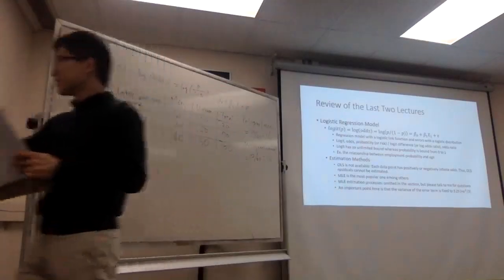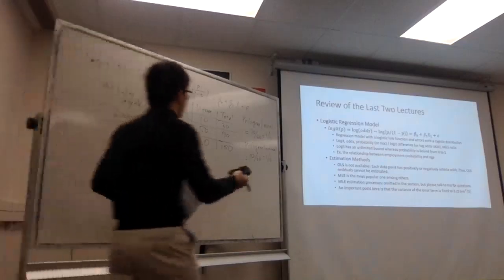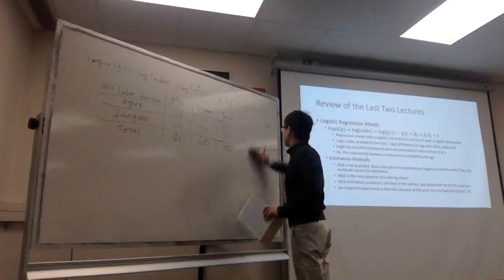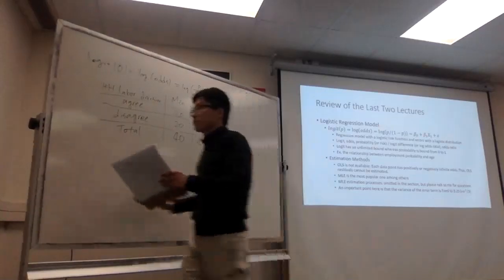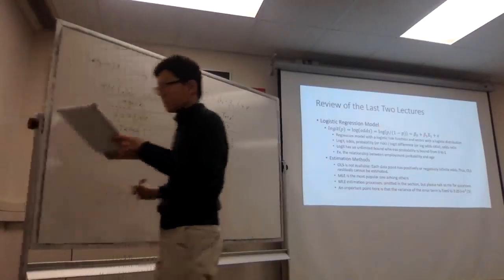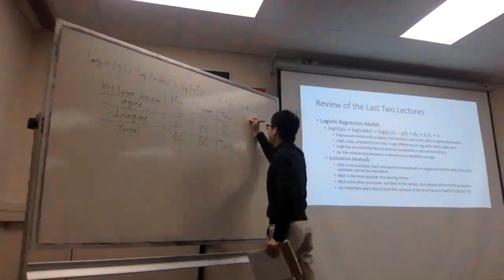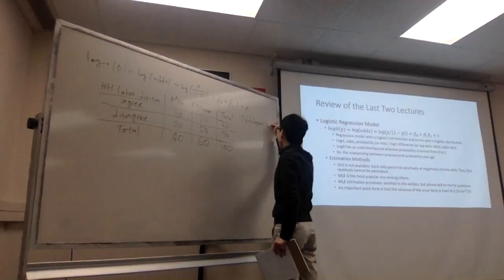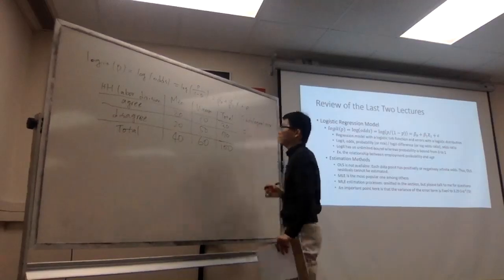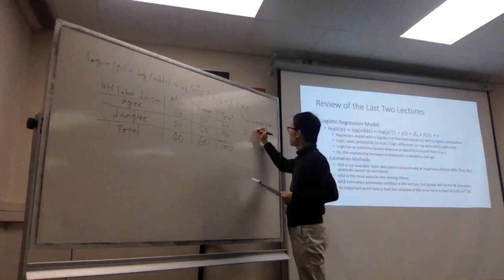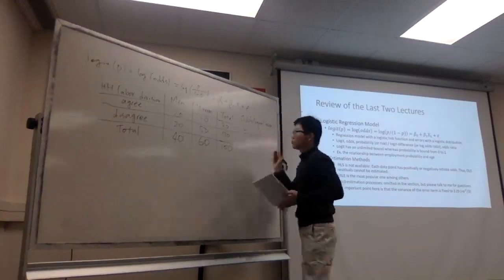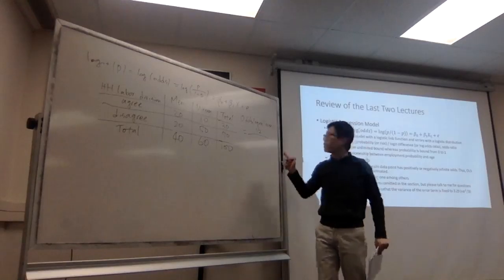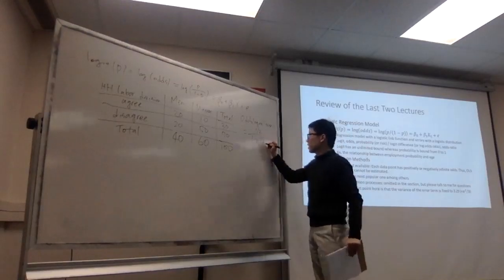In odds, the odds of agreeing for men is 1 divided by 2, which was the probability of agreeing with the statement for men, divided by 1 minus the probability.